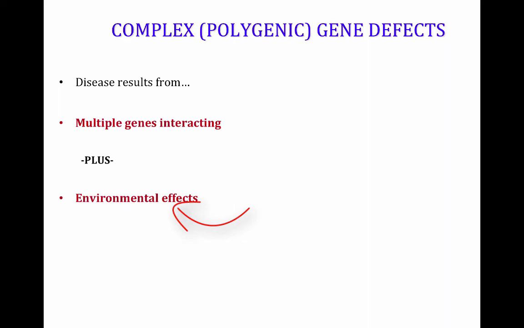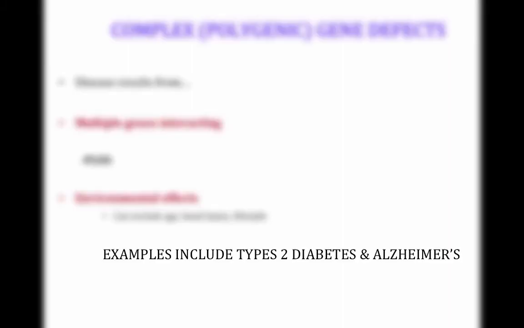Environmental effects include age, head injury, or lifestyle. Examples include type 2 diabetes and Alzheimer's.